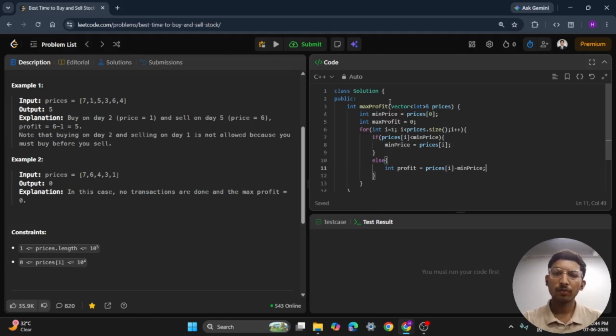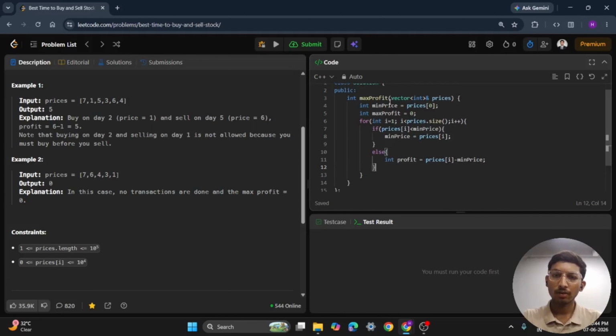Now compare the profit with our current maximum profit. So maxProfit would be equal to max of maxProfit, comma, profit.